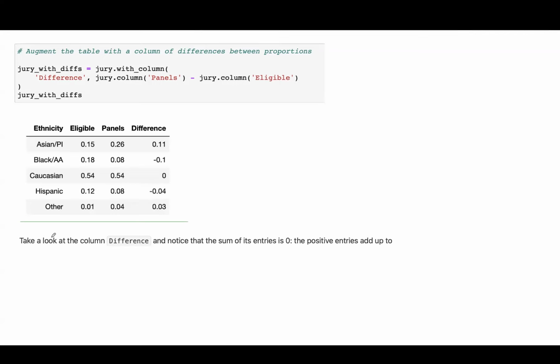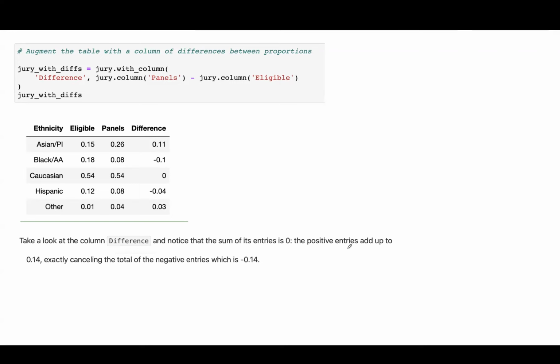Take a look at the difference column and notice the sum of its entries is 0. So if I add these numbers together, 11% minus 10% gives you 1%, and if you add these two together, you get negative 1%. So here you have 1% minus 1%, which is basically 0.